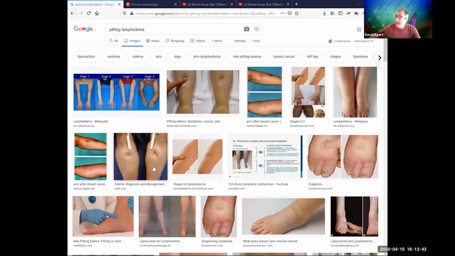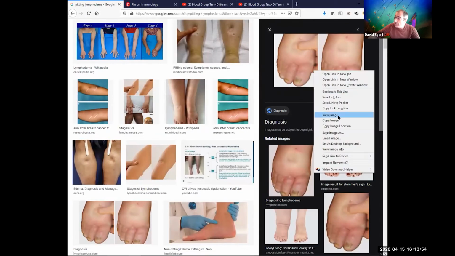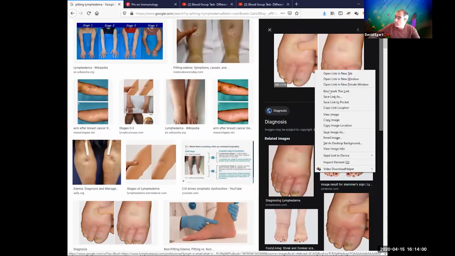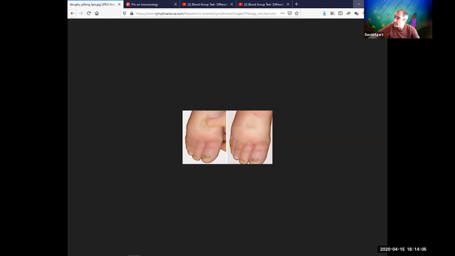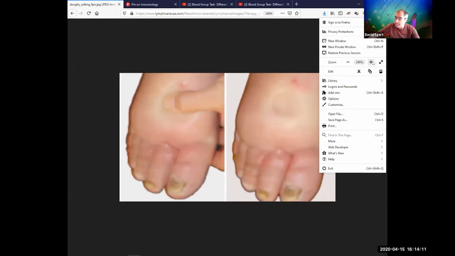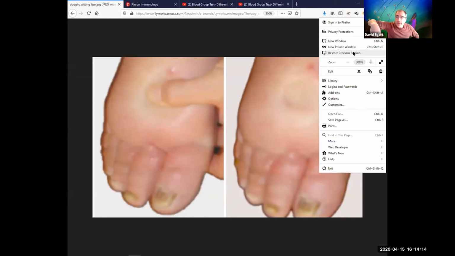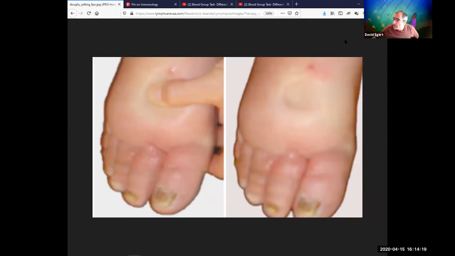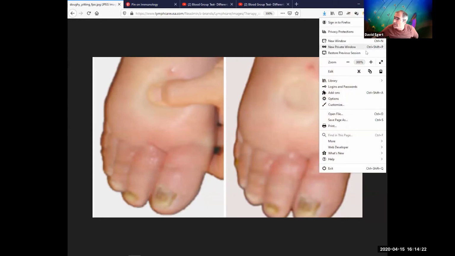One of the things that's interesting about how you know that somebody has edema rather than just fat is that when you press on them, if someone just had adipose there and you pushed on the fat, it would just spring back. But when somebody has edema and you push on that, you displace the fluid, displace the water, and when you let go, that hole just stays there.